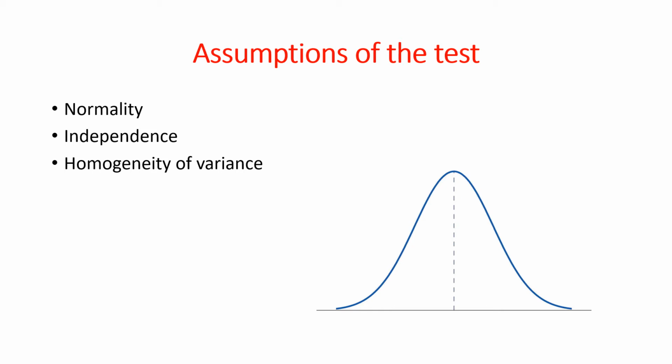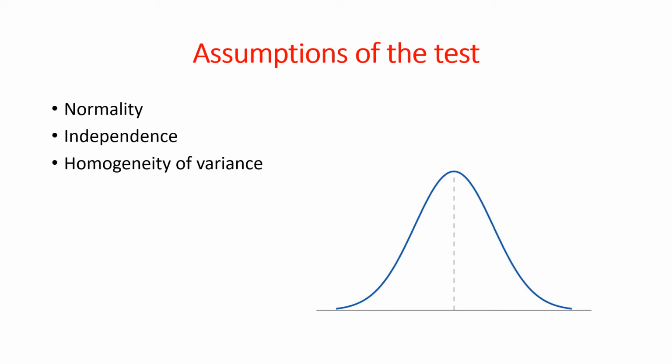In the next slides, we're going to see what we could do if one of these assumptions is not met, because this is not always the case where you collect data and all the assumptions are met and then you can easily do the test. Most of the time, the data is not normally distributed. Specifically, if you're working with reaction time, data is most of the time positively skewed.